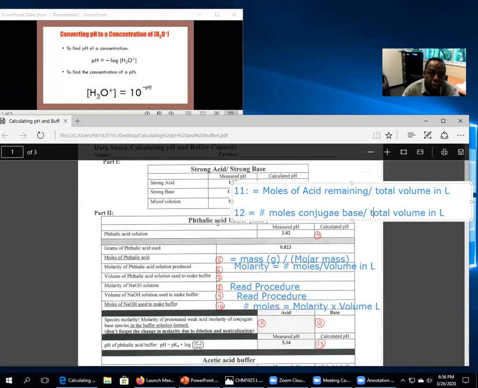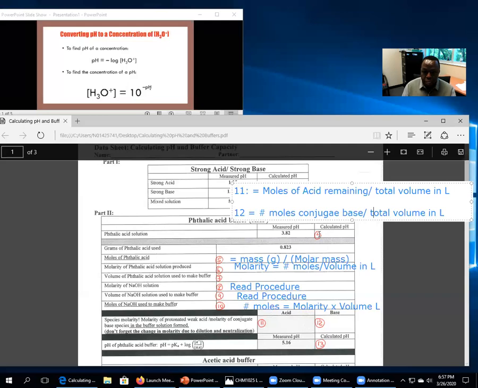You cannot say, let me use this equation at the top here, the negative log of the molarity you have in line 6, in order to find the pH of your solution. No, it's not going to work like that. This is a weak acid, and the way you find the pH of a weak acid is not the way you will proceed with the determination of pH of a strong acid.